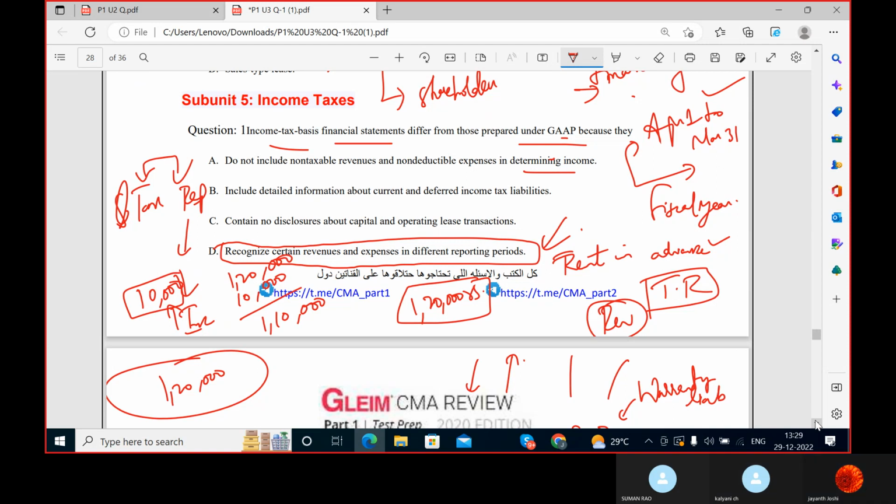There are many such items, or suppose you are receiving some income from government securities. Those are non-taxable revenues. They will never be shown in the tax returns, but they will be shown in the financial reports. Correct? So these are permanent things.